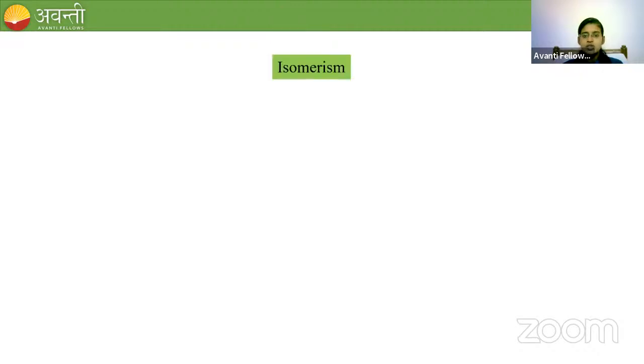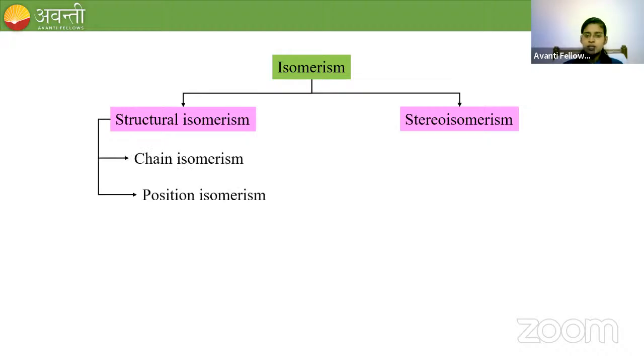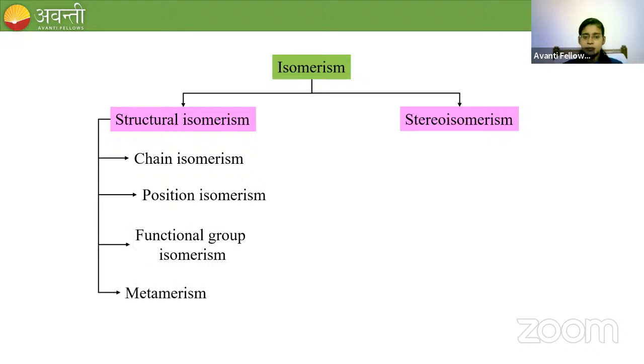Okay. Now isomerism is classified into two: structural isomerism and stereoisomerism. Structural isomerism is further classified into four. The very first is chain isomerism, the second is position isomerism, the third is functional group isomerism, and the fourth is metamerism.